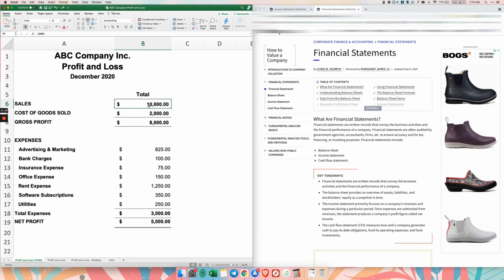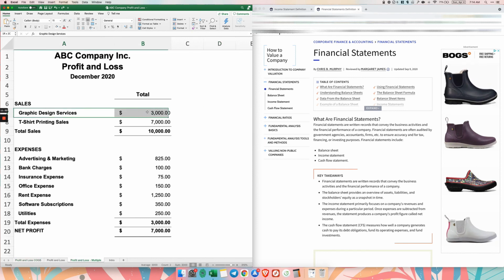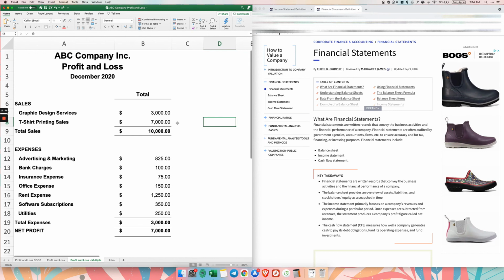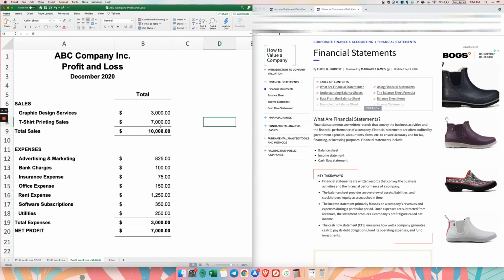This is a more complex question, but let's say graphic design services and then t-shirt printing services. If there was a cost of goods sold here, then the t-shirt printing sales would be less. But I don't want to confuse you guys, I just wanted to show you how you can use the data in income statements to make better business decisions.